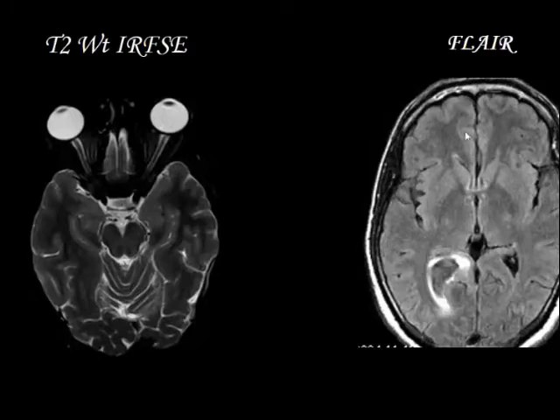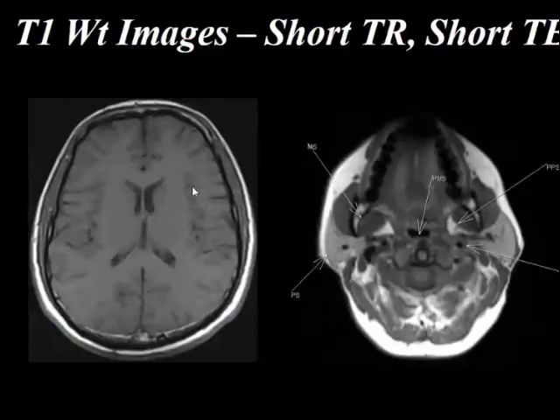This is called the FLAIR sequence, fluid attenuated inversion recovery. Here we have suppressed fat, here we have suppressed CSF. Actually, this is a T2 weighted sequence, but look at the CSF. CSF is dark like T1. But look at the brain parenchyma. It appears more grayish. We go back to T1.